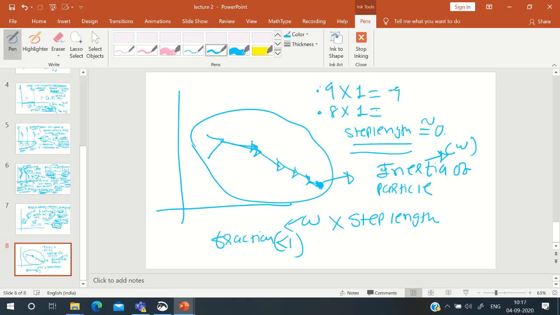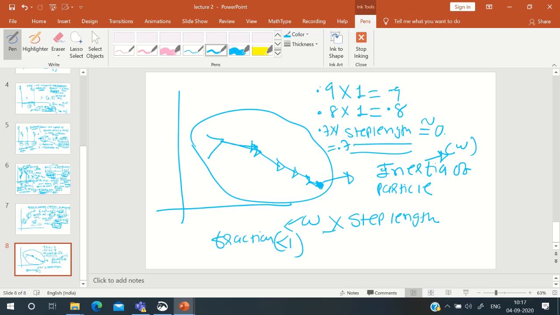I am hypothetically taking the example. So your step length will decrease to 0.8. Then take the inertia constant as 0.7, the step length is 1, so your step length will decrease to 0.7.